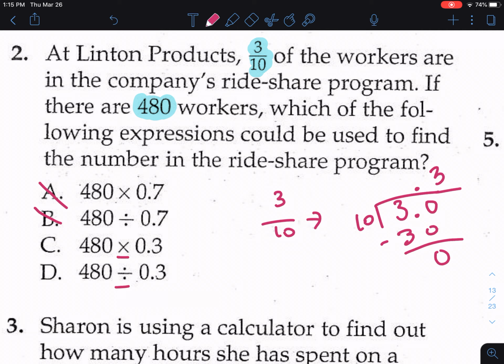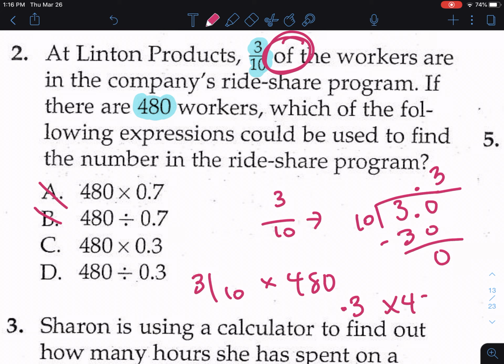Are we dividing? And I'm going to show you the clue word that shows us 3/10 of the workers. So this of is kind of like that per, and we're going to multiply. So it's 0.3 times 480, which is C, right there.